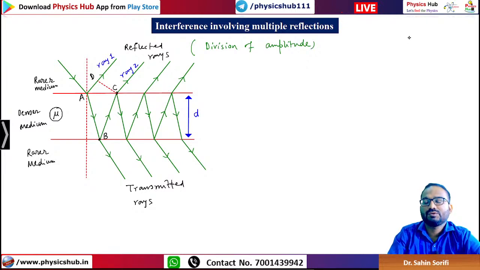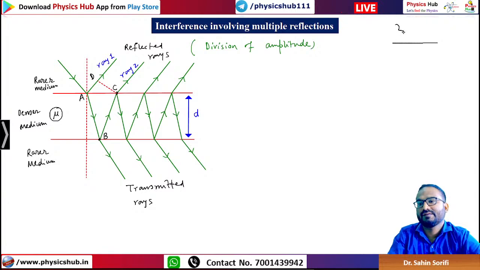And remember one more thing: whenever a light ray is incident on the interface of a denser medium, coming from a rarer to a denser medium, it involves a pi phase change.